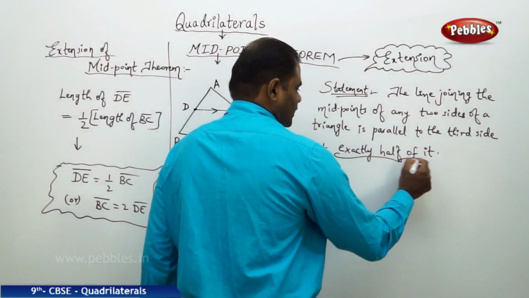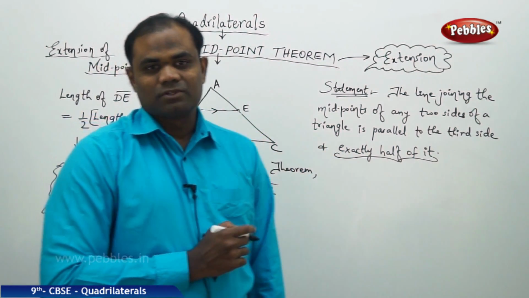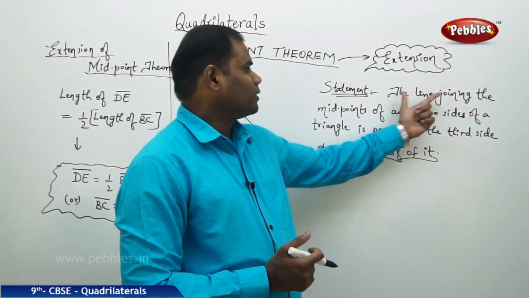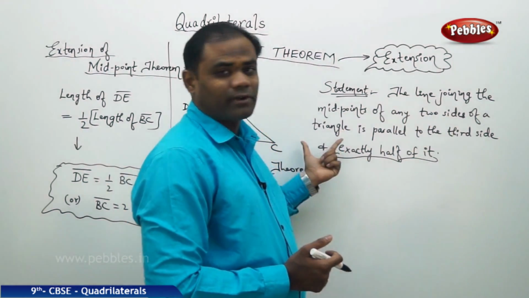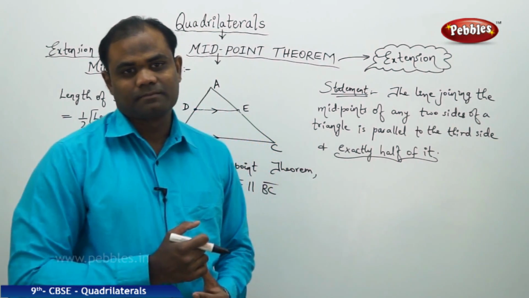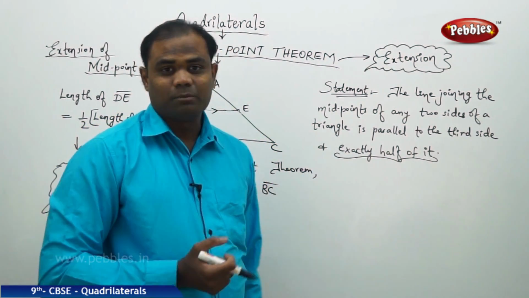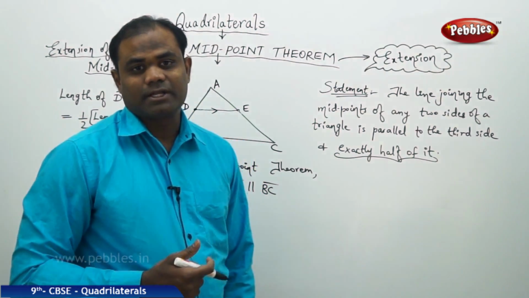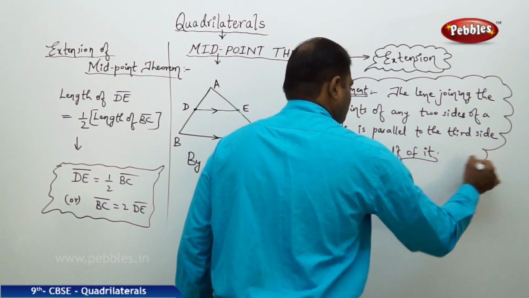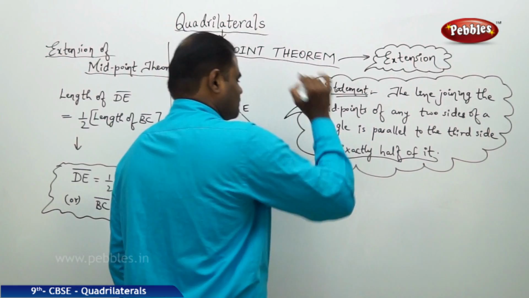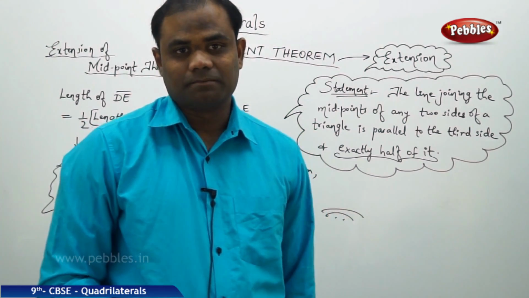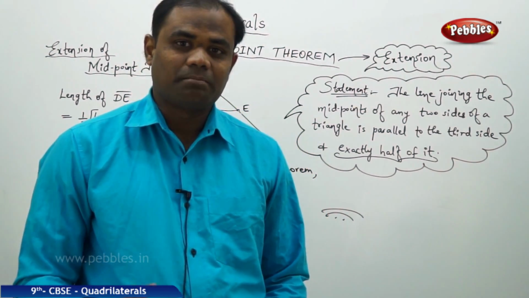This is what defines the extension of the midpoint theorem. So now I can state the midpoint theorem as: the line joining the midpoints of any two sides of a triangle is parallel to the third side and exactly half of it. This statement is how we define the midpoint theorem and its extension connected with midpoints and parallelism.